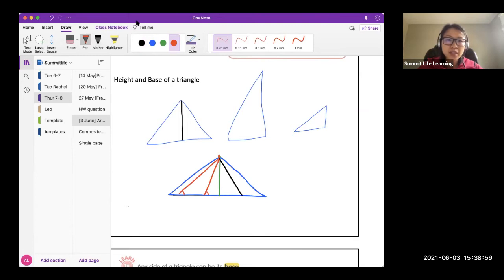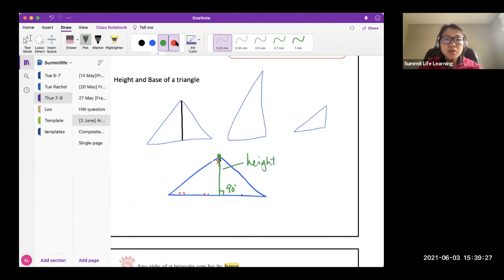So this may not be a good option for the height of a triangle. For the height of a triangle, we pick the shortest one. Actually, where is the shortest one? The shortest one is from one of the vertices to the bottom and makes a right angle, 90 degrees. This will be the shortest one, so we call it the height of the triangle.